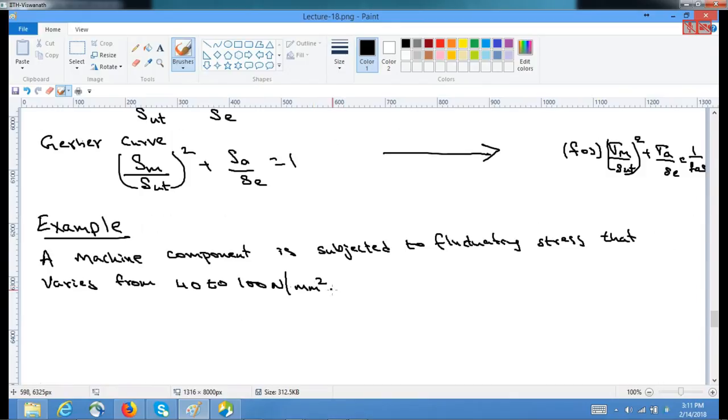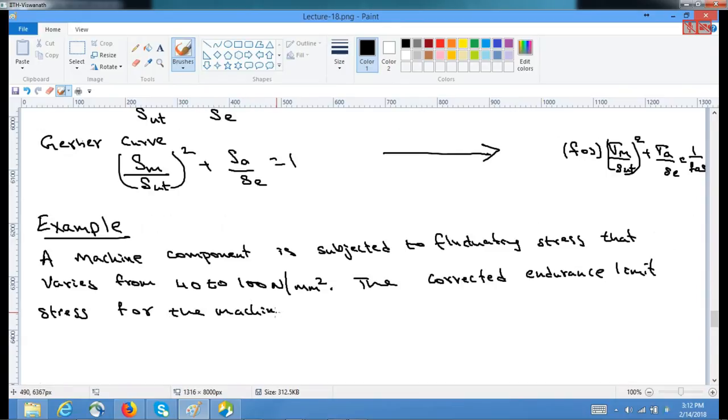And the corrected endurance limit stress for the machine component is 270 Newton per mm square.